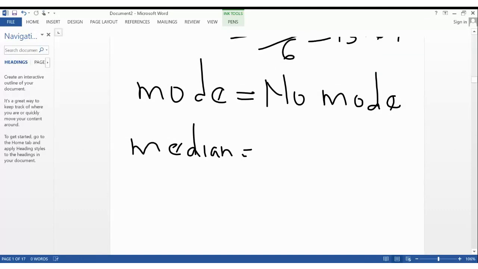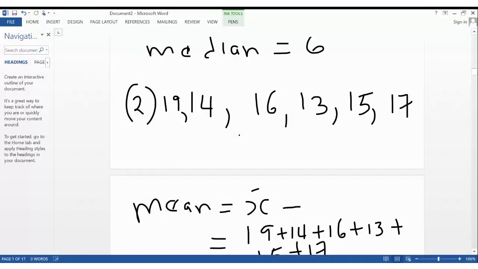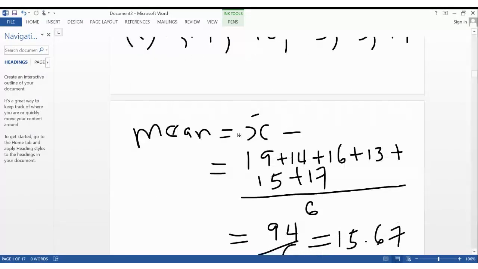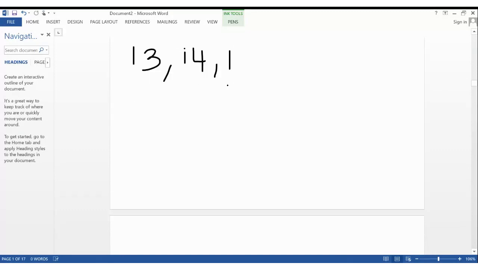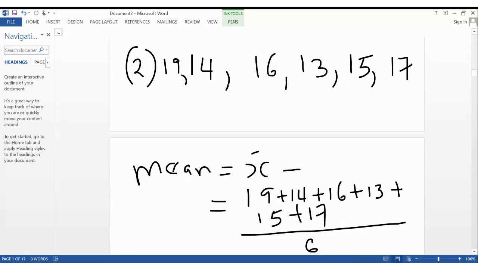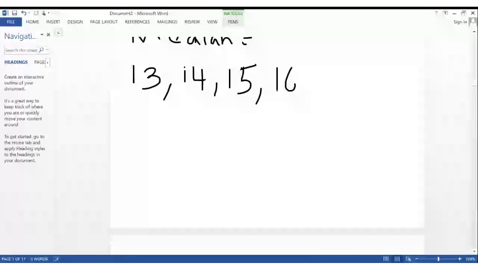We have the least one 13, 14, 15, and then 16, 17, and 19.